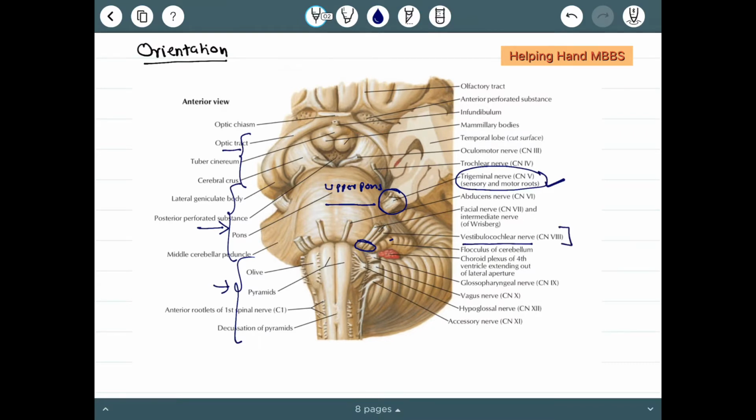One more nerve arising at the pontomedullary junction is the abducent nerve, and this is the facial nerve just lateral to it. This is our vestibulocochlear, this is our facial, this is abducent, and this is trigeminal. These four structures are the main structures we should remember while studying the pons, and we can appreciate them here very easily.